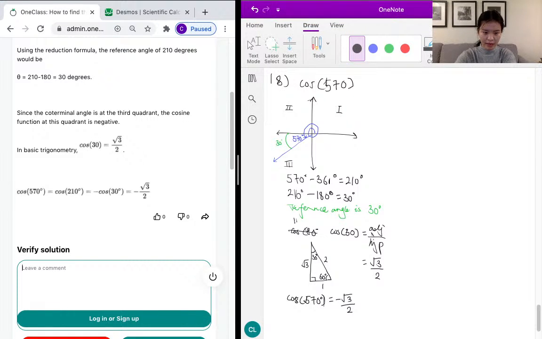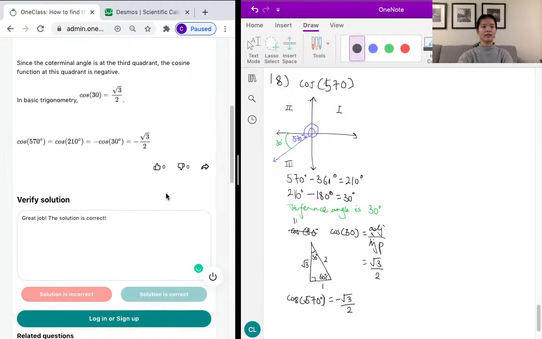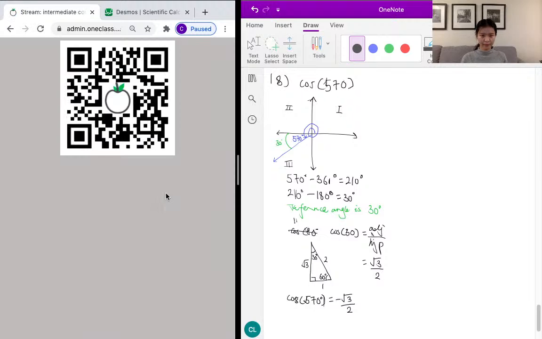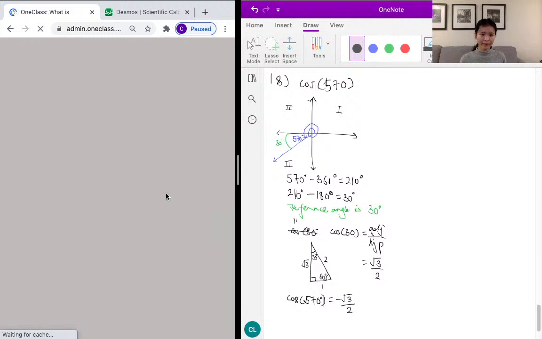So let's just say, great job. The solution is correct. Cool. Let's see what's our next problem. It's loading.